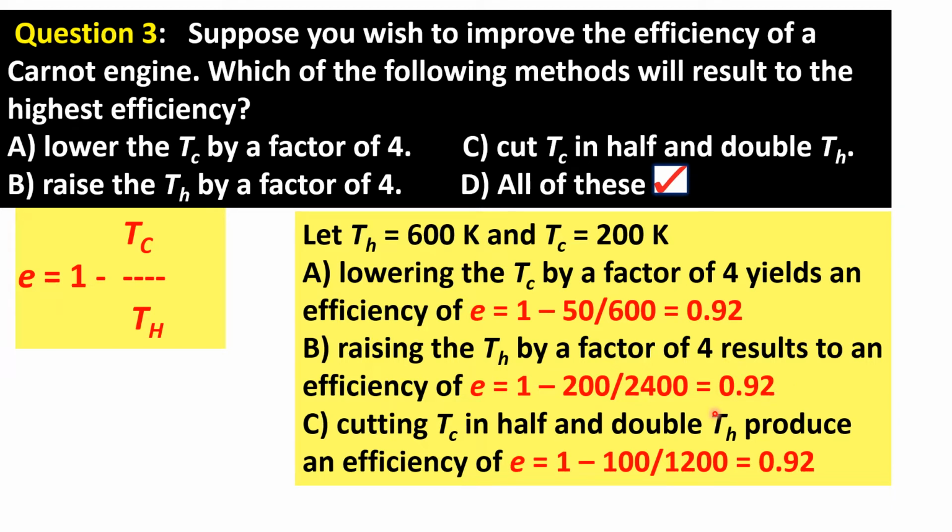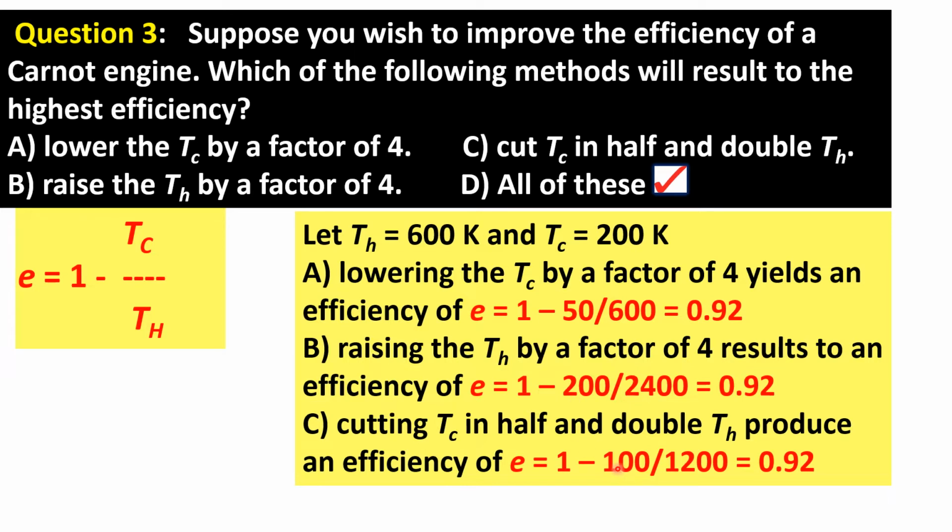And for the third method, cutting the TC in half and at the same time doubling the TH will also produce the same efficiency, because when you say cutting the TC in half, our original TC of 200 Kelvin now becomes 100 Kelvin.